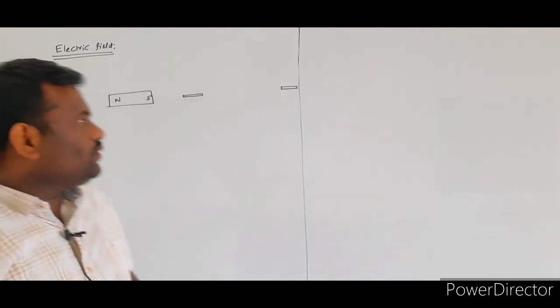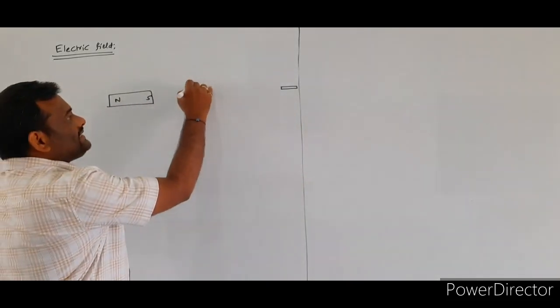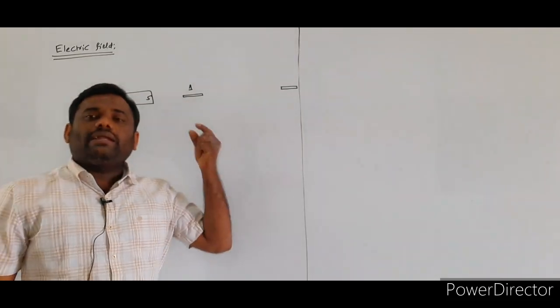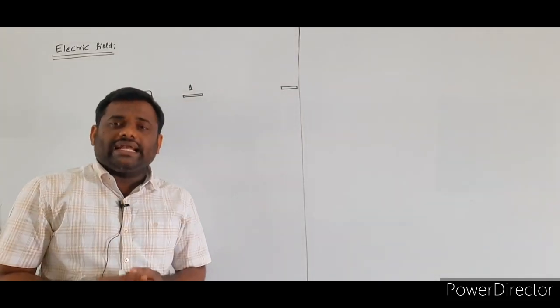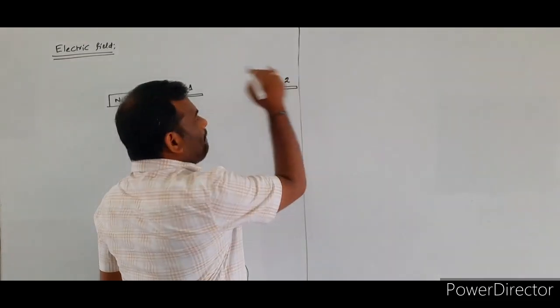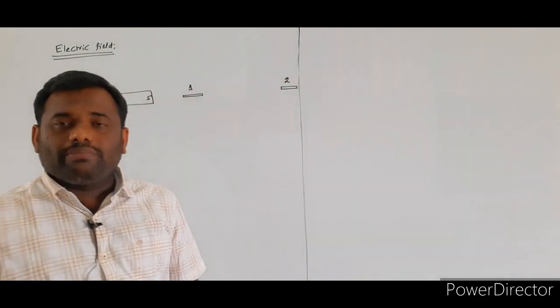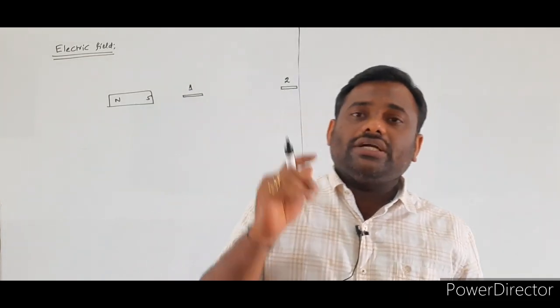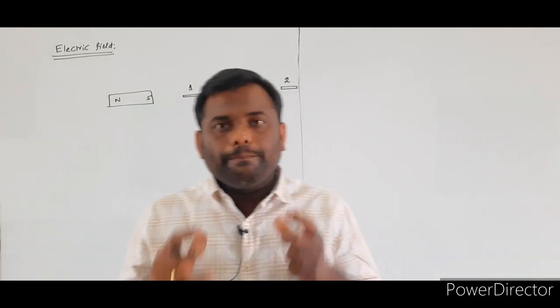So whenever the magnetic substance is located in this region, it can be easily attracted by the bar magnet. When the same magnetic substance is placed far away, even though it is a magnetic substance, it is not attracted by the bar magnet.